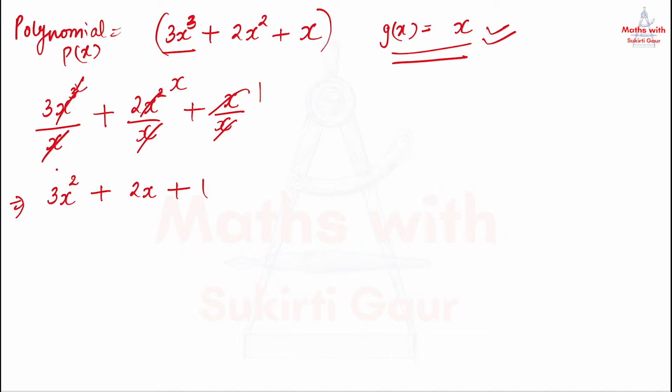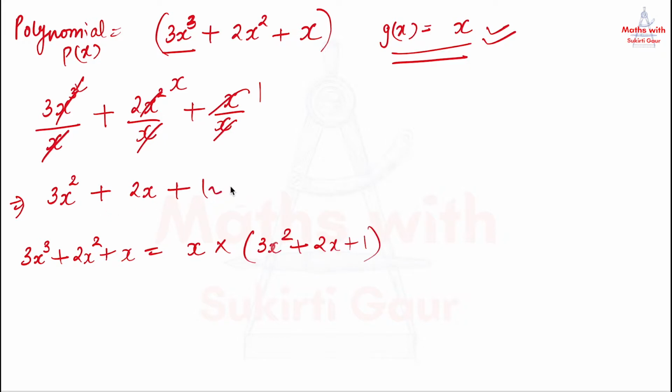Can I write this polynomial 3x cube plus 2x square plus x as x multiplied by 3x square plus 2x plus 1, which we have got here? Yes, this x times this one will give us this whole polynomial.